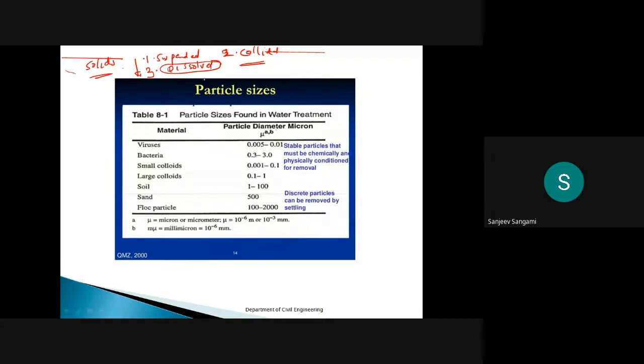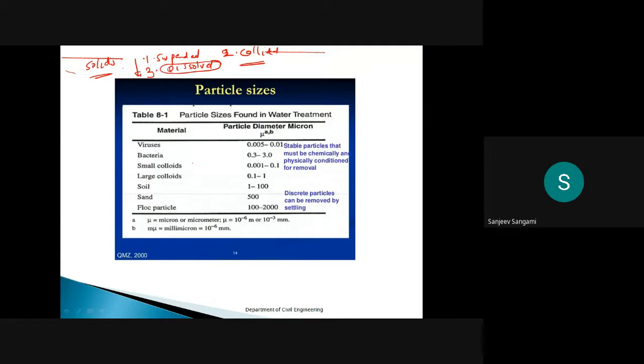The particle size of dissolved solids is very small. For example, sodium chloride, the salt: if you dissolve it in water, you cannot see it. But colloidal or suspended particles you can see, which means the particle size is larger.